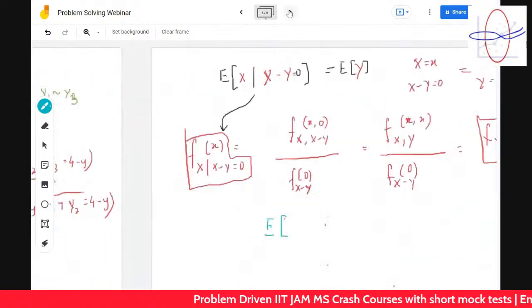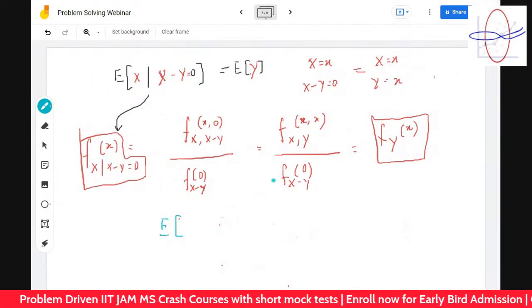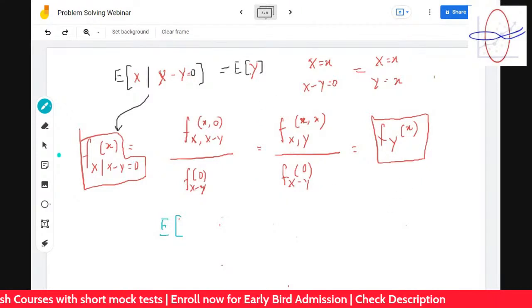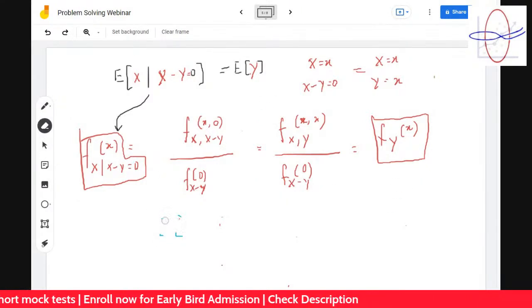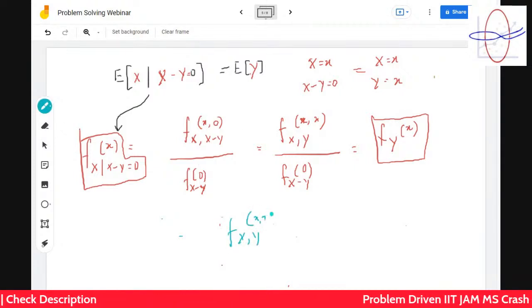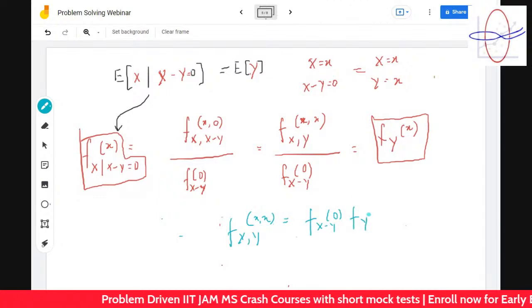So when can you write this? Tell me, guys. When can you write this? It's very easy. Tell me, when can you write this? That means it's equivalent to saying that f of x comma x is the same as f of x minus y of 0 into f of y of x.